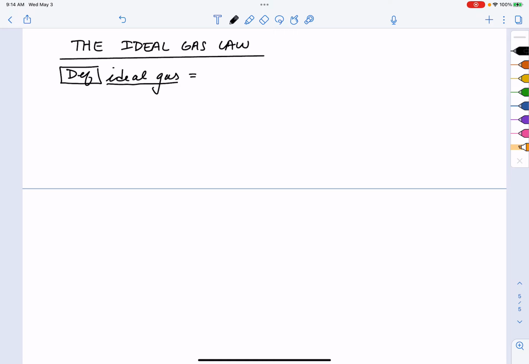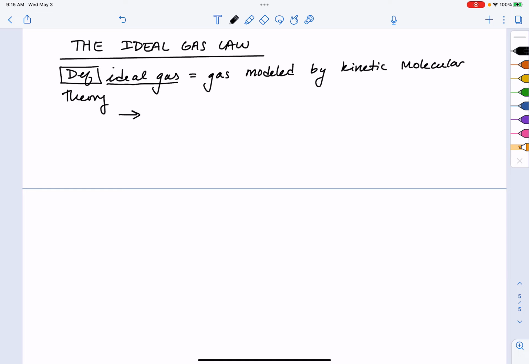So, an ideal gas is simply a gas that is modeled well by the kinetic molecular theory. So a couple of reminders about kinetic molecular theory. Yes, we've got collisions and they're elastic collisions, right?